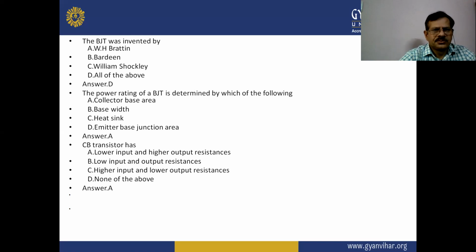So the correct answer is option D, that is the BJT was invented by W.H. Brattain, also by Bardeen, and also William Shockley. All of the above. So the correct answer here is option D.